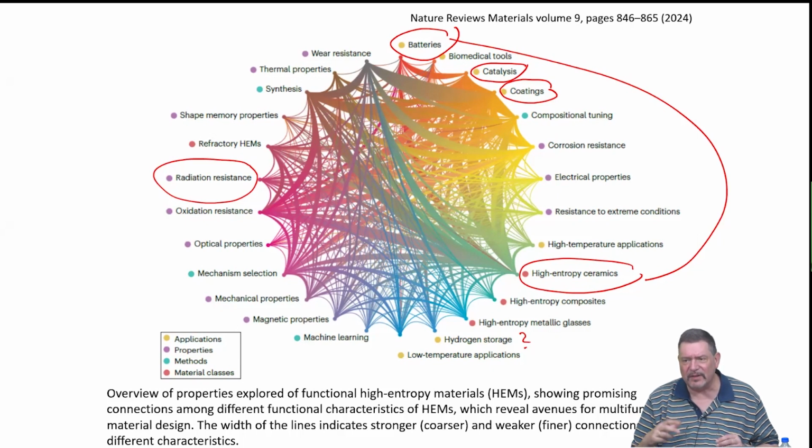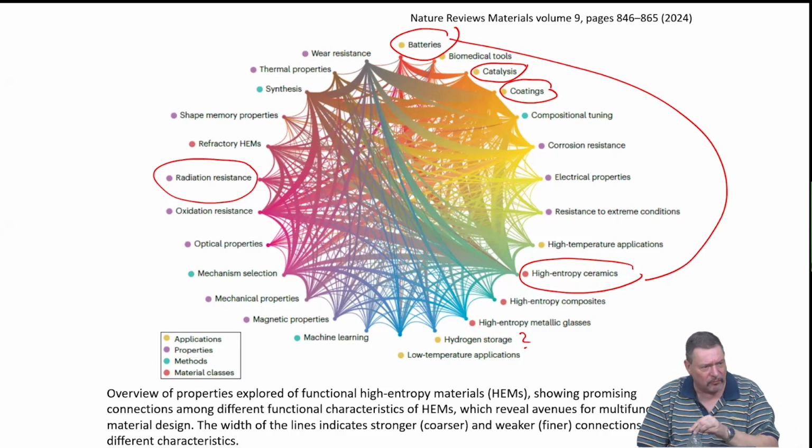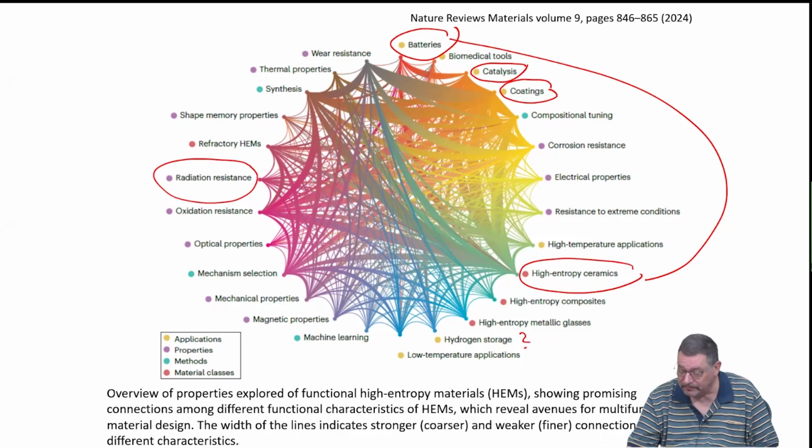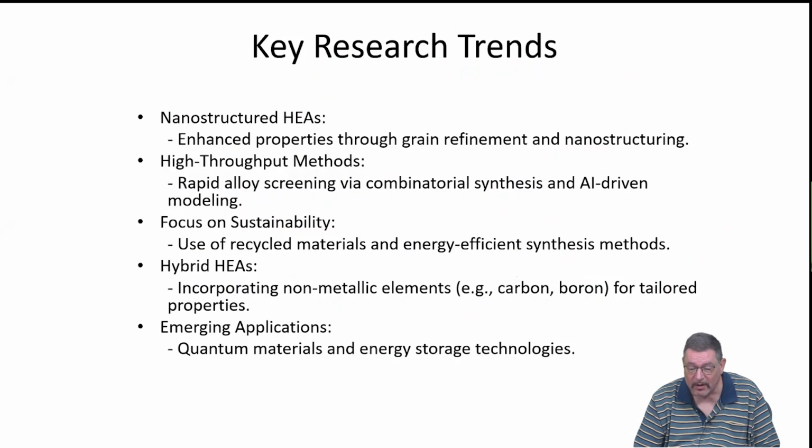And so far it seems like people could tune properties sufficiently without having gold, platinum, rhodium, and so on involved, to get decent performances as well as stabilities in order to use these materials. And so this is, I think, maybe I stop there, what I would see as key research trends.